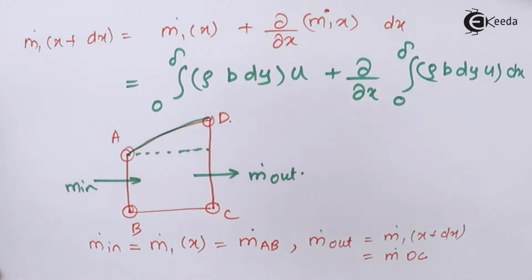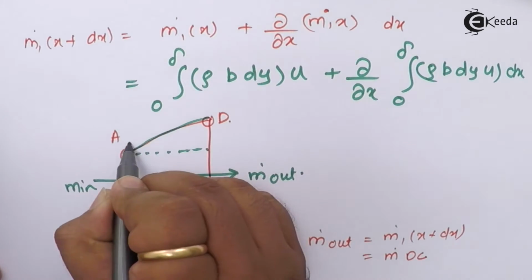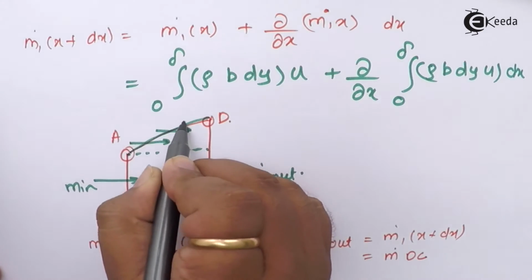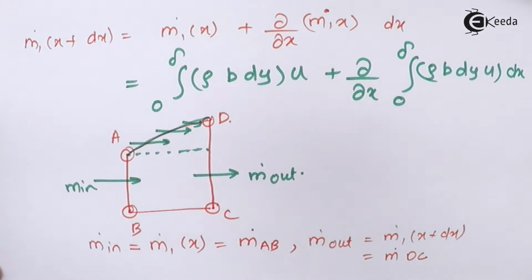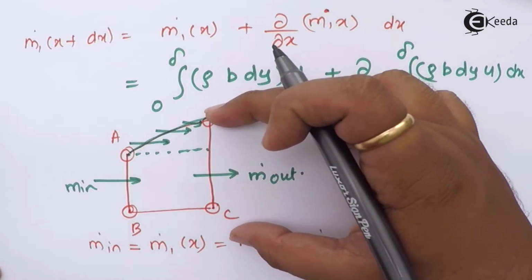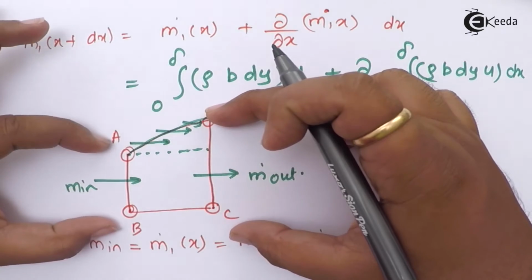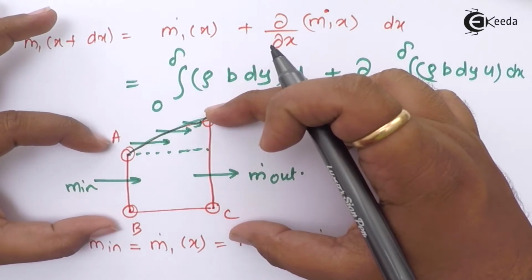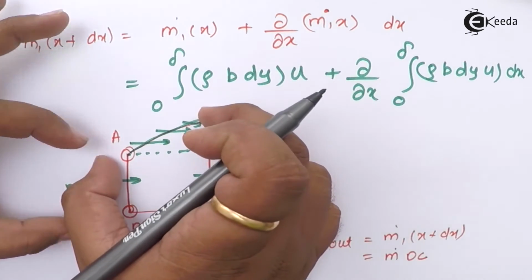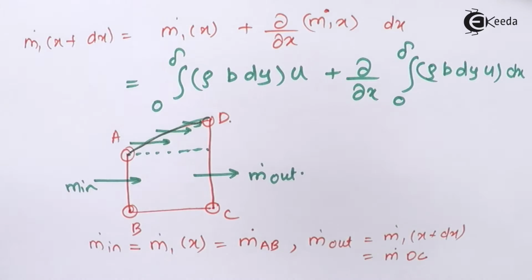Now what we need is the mass flow rate flowing through this entire part. We know the mass flow rate which is leaving, and we know the mass flow rate which is coming inside. The difference between them will give us the mass flow rate through AD.